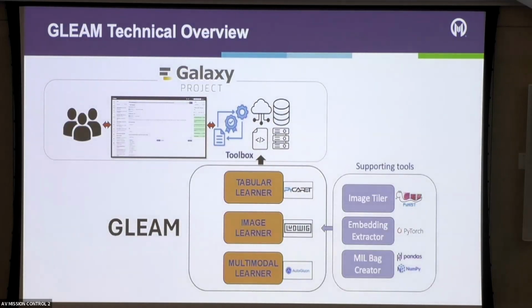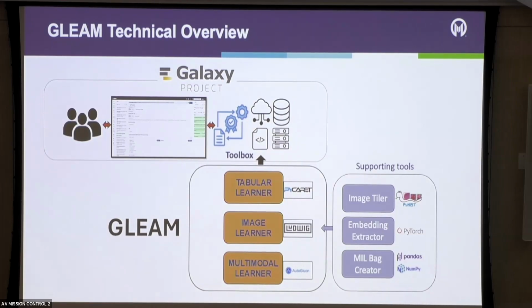So the technical overview of GLIM is we are going to ship 3 main tools into the Galaxy Toolbox. And we abstract the names to make the tools related more to the concept than the tool itself. So the names of the tools are the data set they're going to be trained on. So it's called a tabular learner, image learner, and multimodal learner.